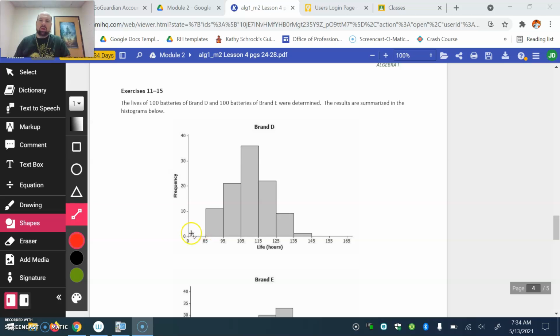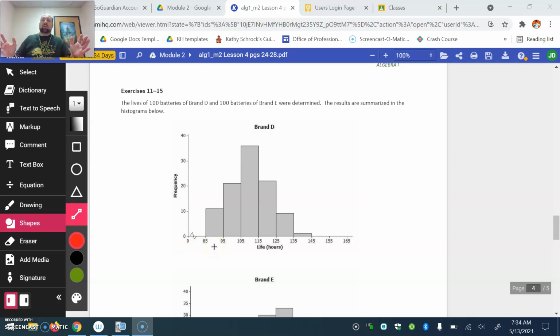Before I do that, I also want to point out, look at this down here. Some of you may not have ever seen this before. This is what's called a break. Actually, I should look to see if there's another name for it, but essentially that's telling me that my scale, because if you look, this is counting by tens going up each interval here, but the first interval goes from 0 to 85.